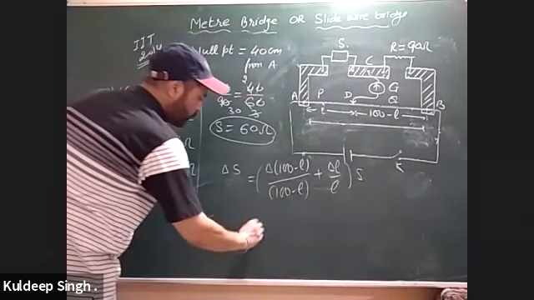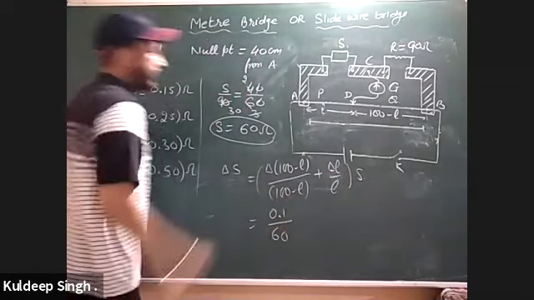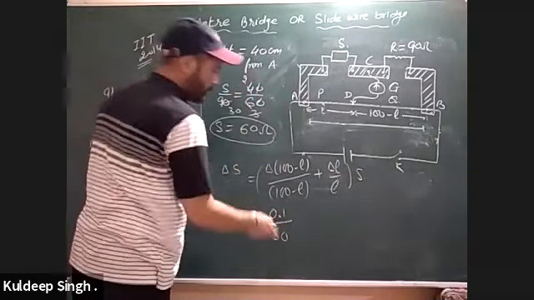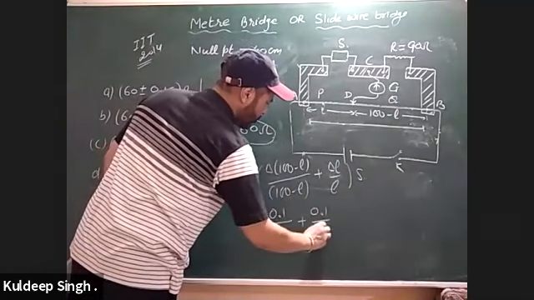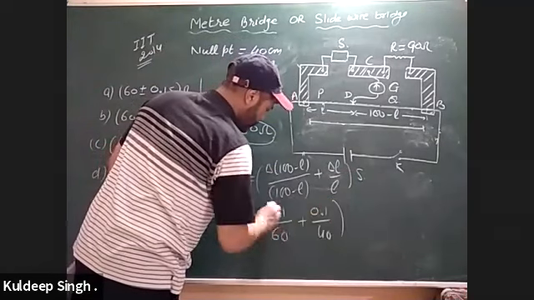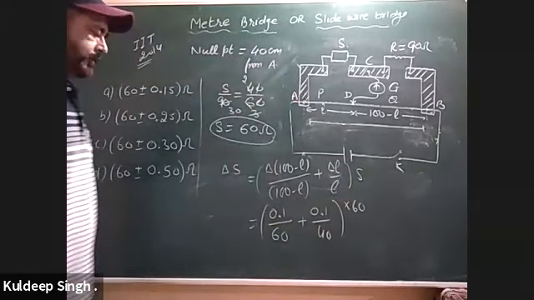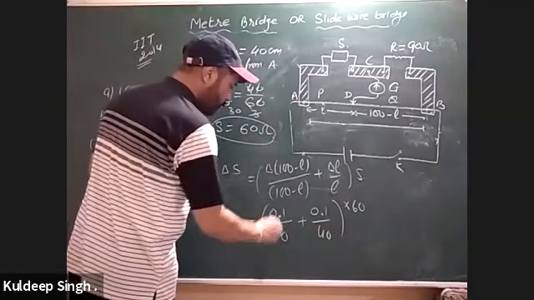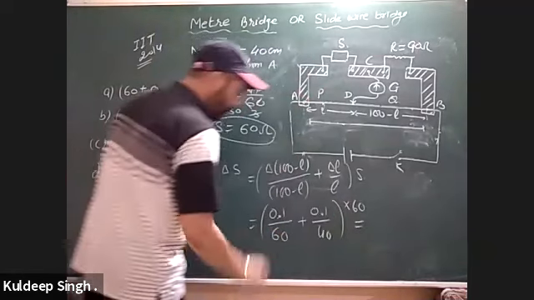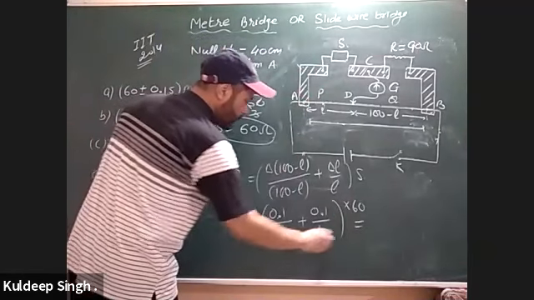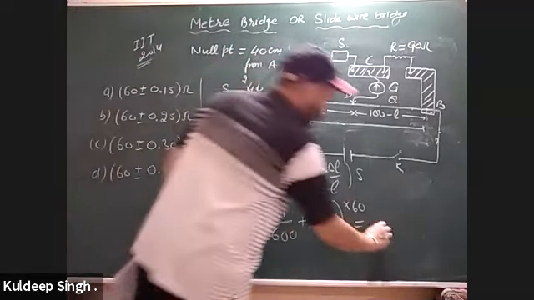So equal to 0.1 by 60. L is 40, 100 minus 40, 60 हो गया, and then 0.1 by 40 into 60. तो इस तरह करके you can move this decimal point. जब आप decimal point remove करेंगे, यहाँ बन गया 600, इधर आ गया 400. What is the LCM now?